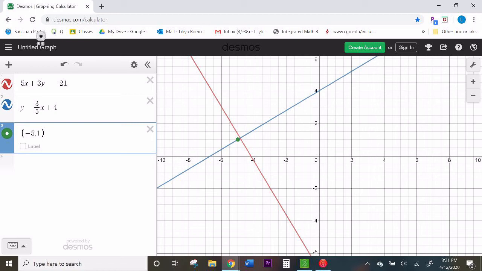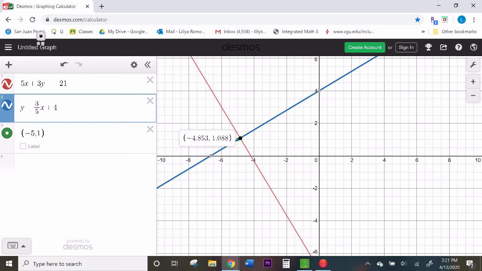Okay, so our original is the red. That's our original. Our new equation, that's the blue. And our new equation passes through the point -5, 1, and it does.